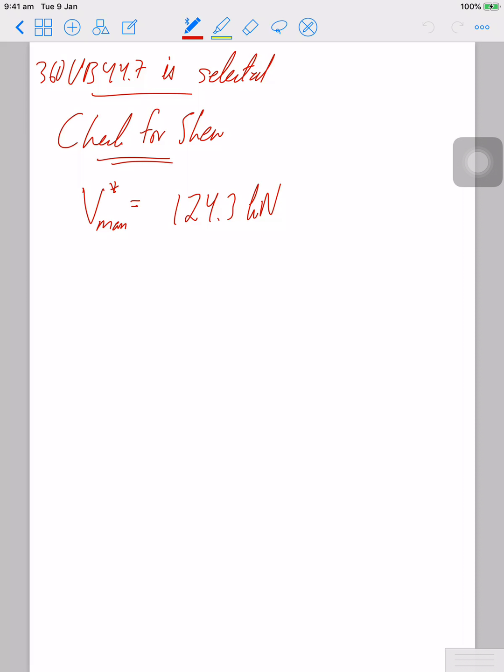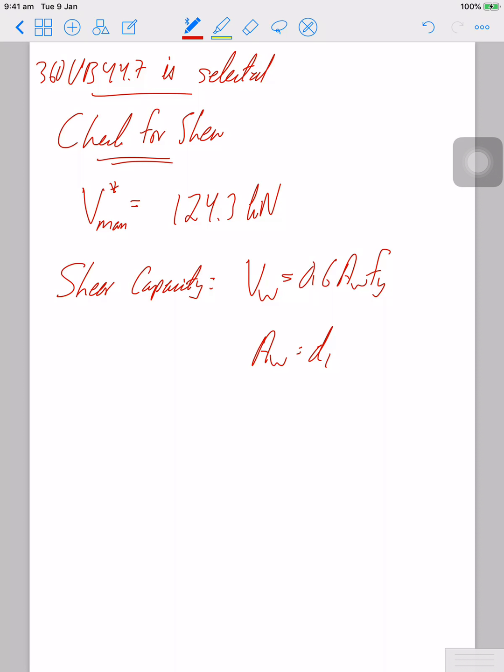First thing is shear capacity, which is V_w, actually 0.6 times A_w f_y, where your A_w is equal to d_1 times t_w, which should be 352.